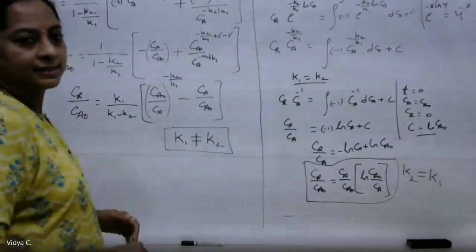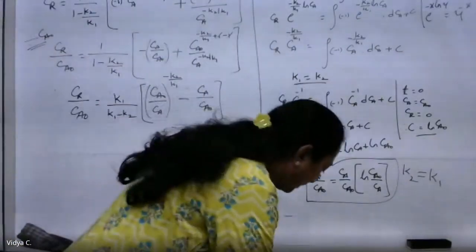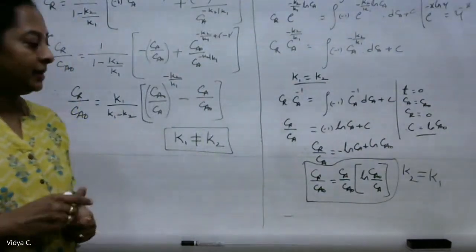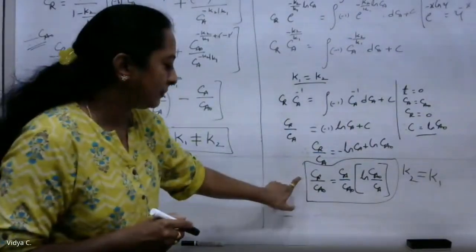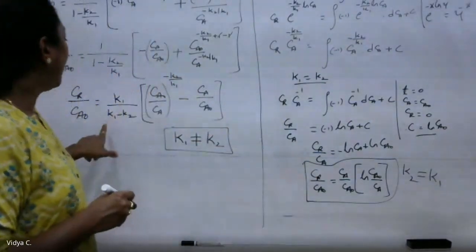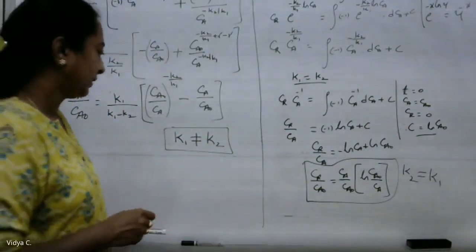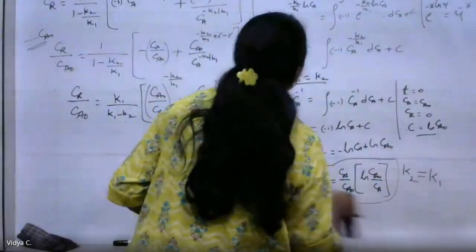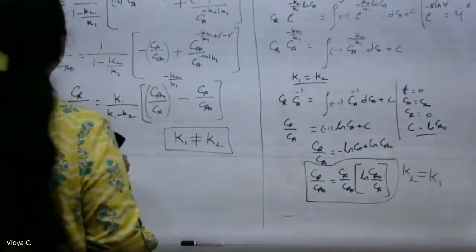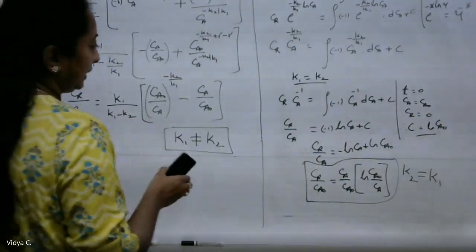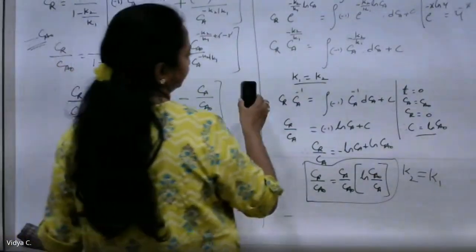So now let us continue with finding CR max. How do we find CR max for both the cases? CR max if K1 is equal to K2 and CR max if K1 not equal to K2. So first, let me start with CR max for K1 equal to K2. That is more simple.